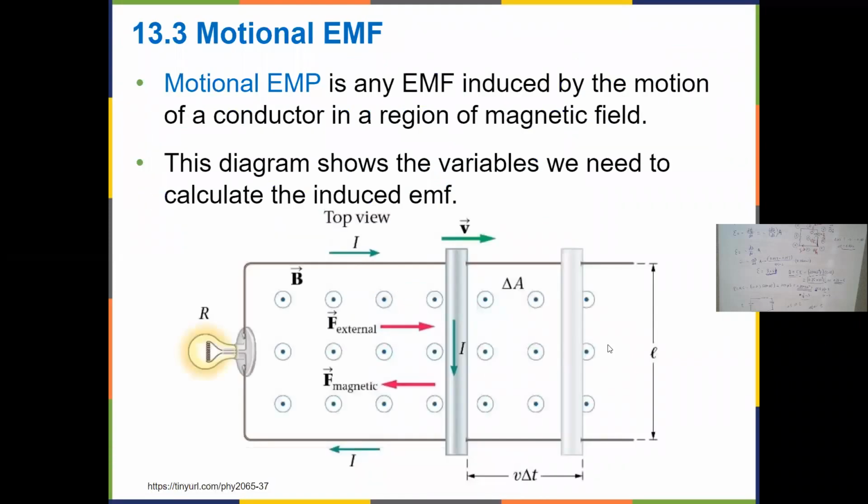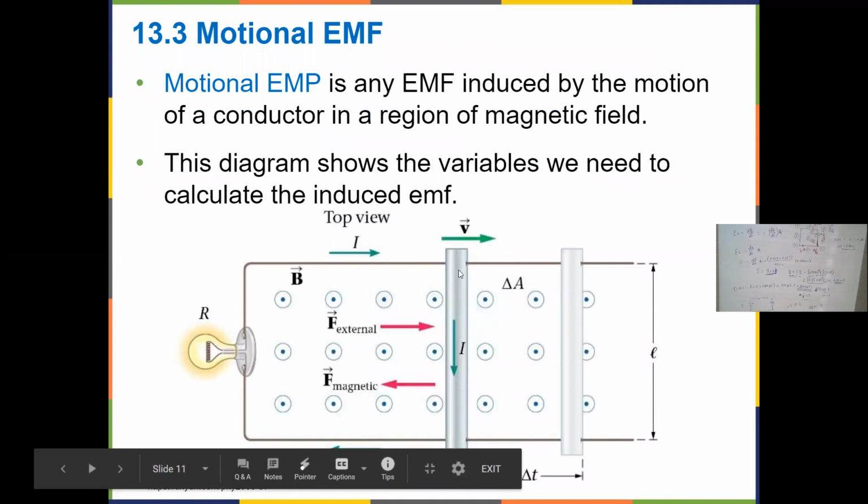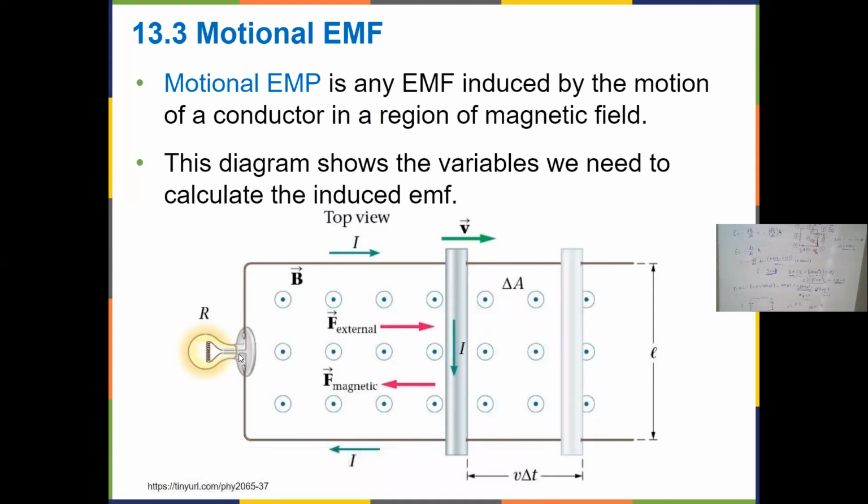The next section talks about motional EMF. That's the potential induced due to the movement of a rod here. This is again a similar case. You have a rod that is a conductor, and 2 rails made of wires connected to a light bulb over here, or it could be a resistor.